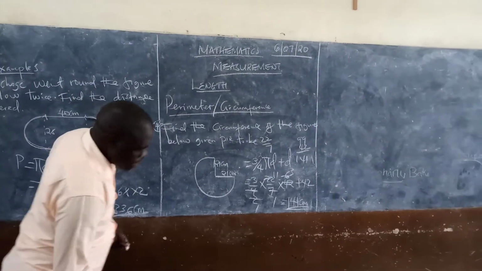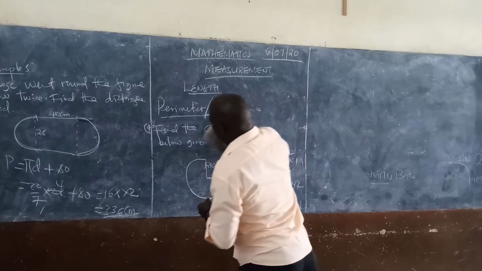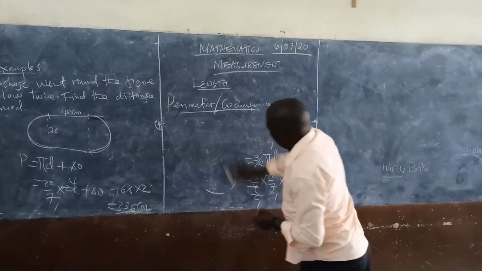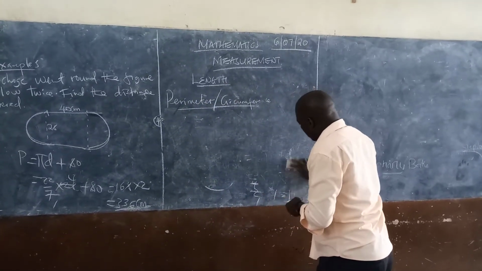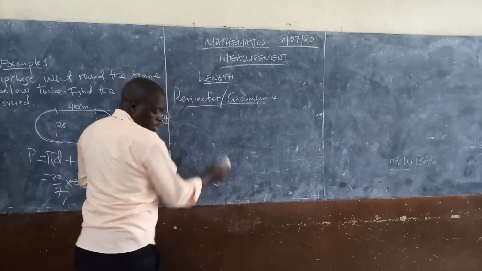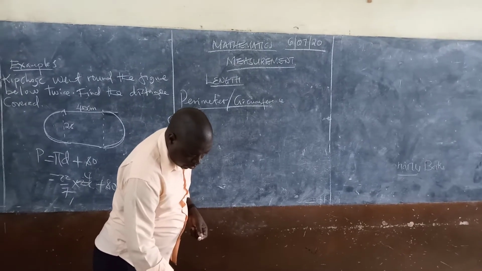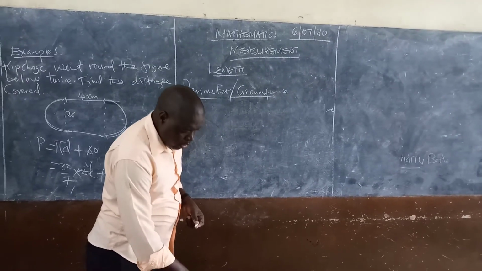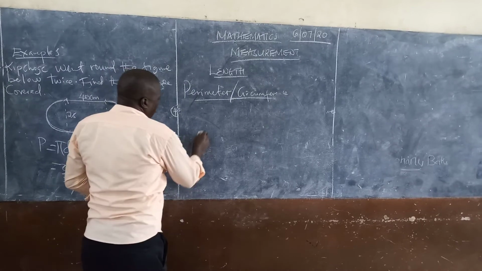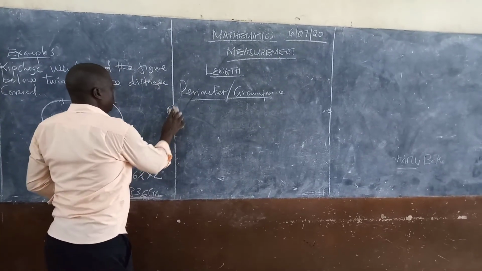The other example, the sixth one now, before I give you work. The sixth example, again it's a combined figure. We have a figure like this. Let's put down the question.